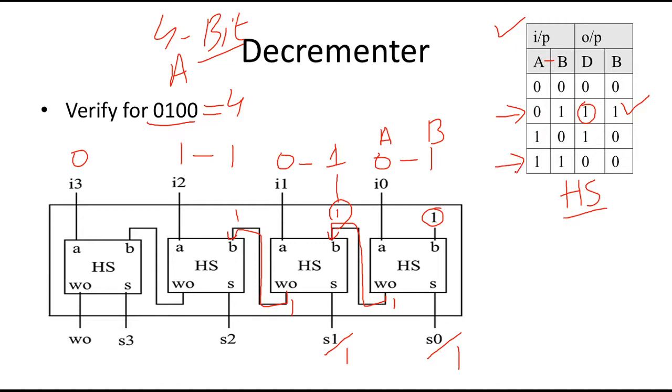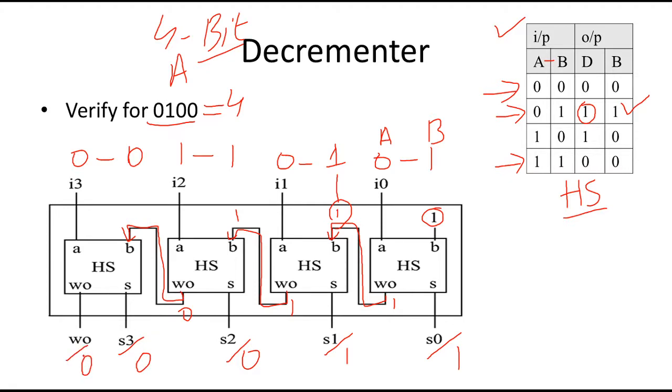So this is the last row. 1 minus 1 means the difference is equal to 0, and the borrow is also 0, which is fed as input to the next half subtractor. So finally 0 minus 0 is equal to the first row, difference is 0, and borrow is also 0.